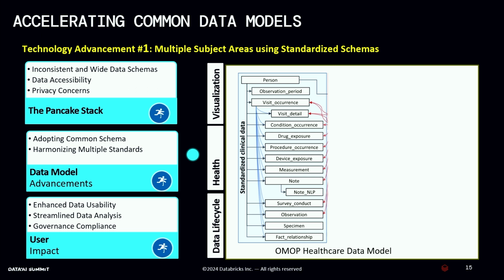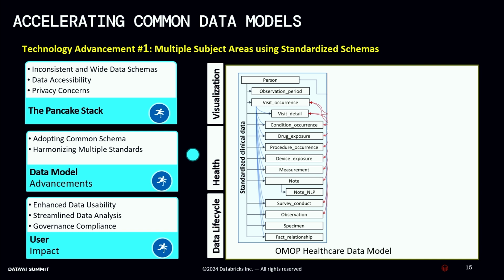And so you might think we have the sort of Rotten Tomatoes aggregator of data models. We use OMOP, we use FIPS, we use a lot of different data models, and we've standardized and harmonized those on the Databricks platform.